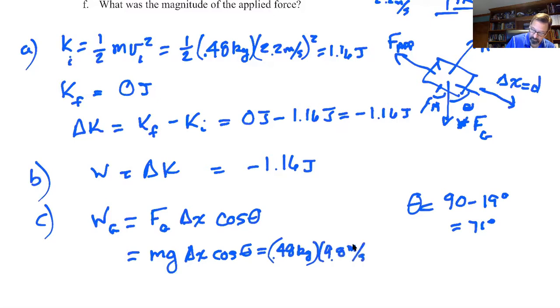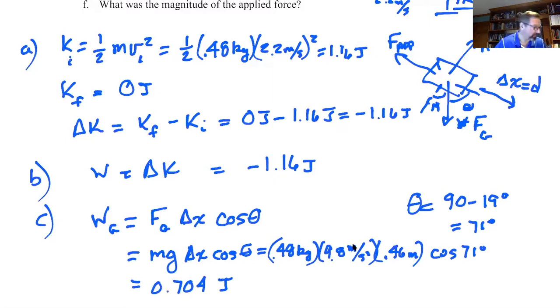That hasn't changed at all. 0.46 meters is the displacement, okay? And then the cosine of 71 degrees. I do that and I get 0.704 joules, 0.704 if you like putting a preceding zero on.